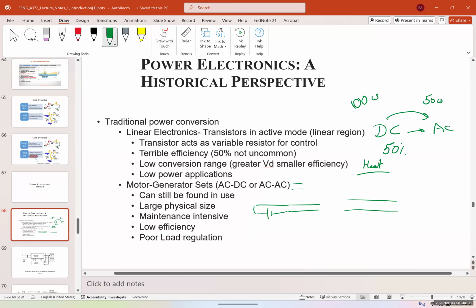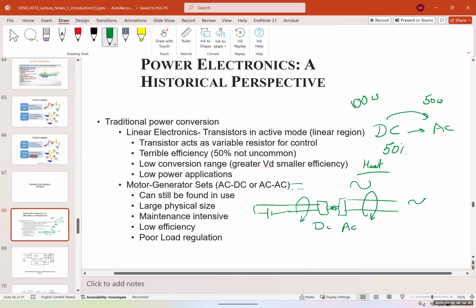What they would do is they would use a DC motor and couple it to an AC generator. They would run the DC motor, and the DC motor, which was connected to the AC generator, would turn and generate AC power.